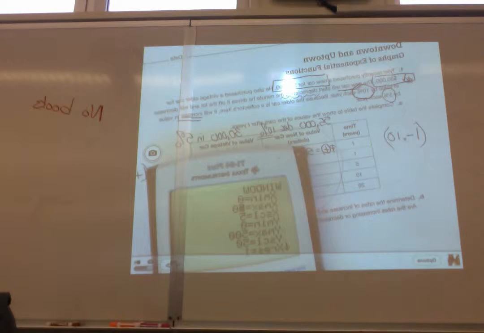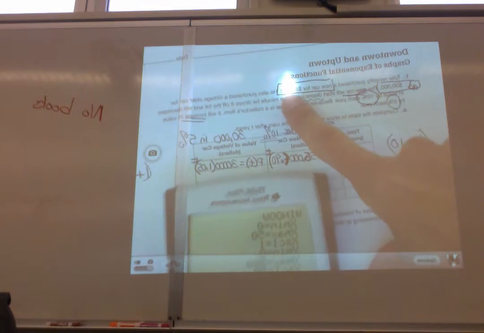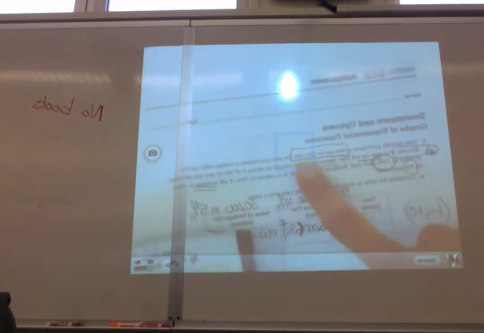I'll leave it as 50, but I'm going to go up by ones. I'm going to go up 1 each year, and then for the y-min, that's the car value. I don't know the smallest number. One car is going up in value, one car is going down in value. I guess I'll leave it at 0.